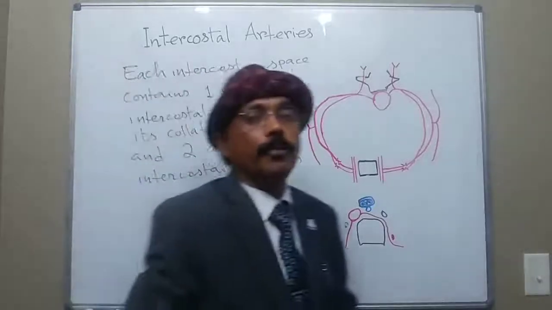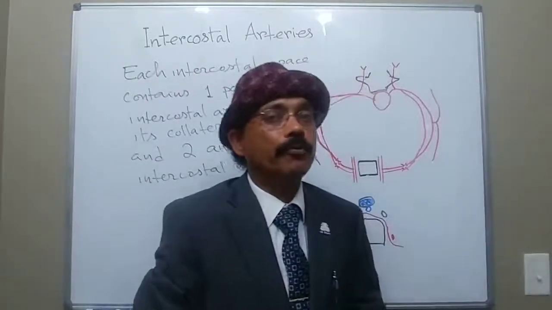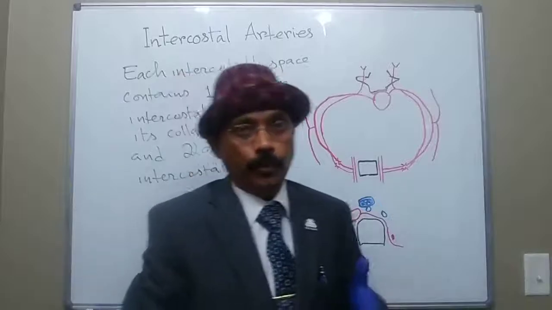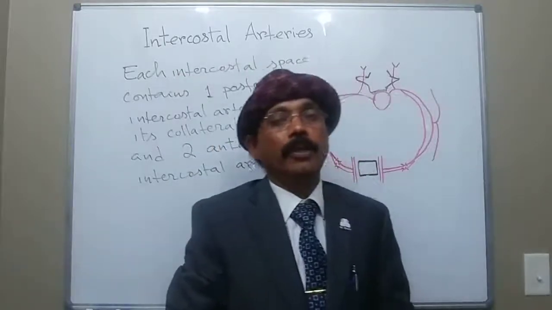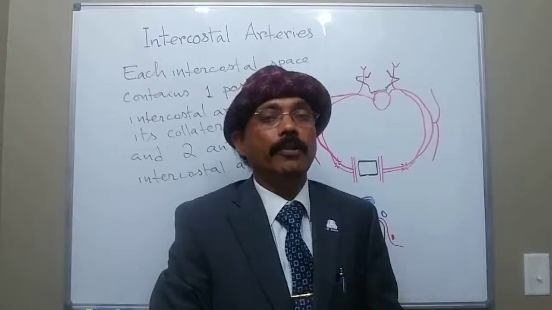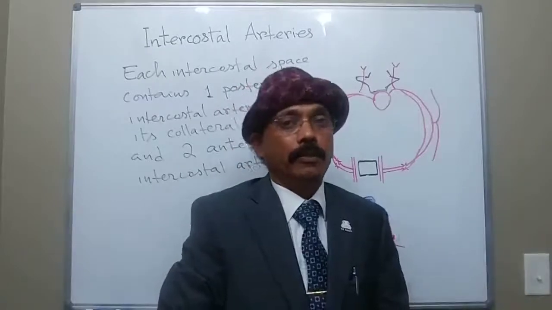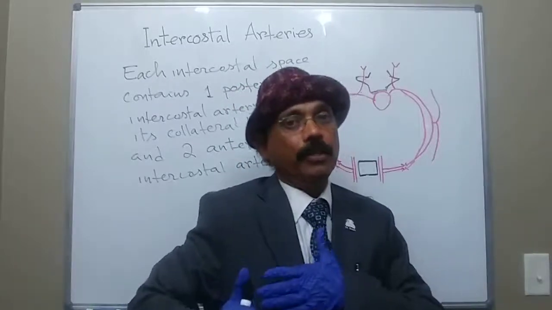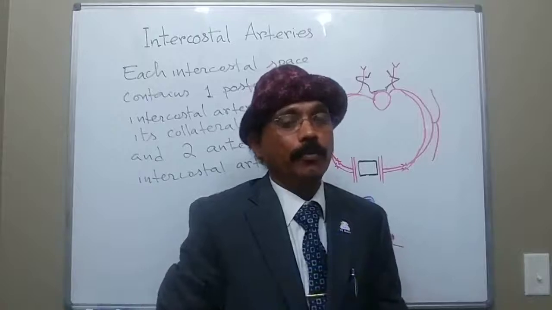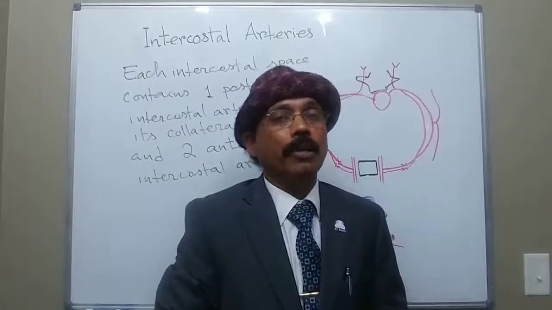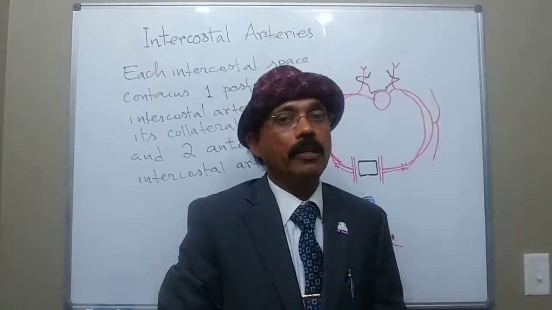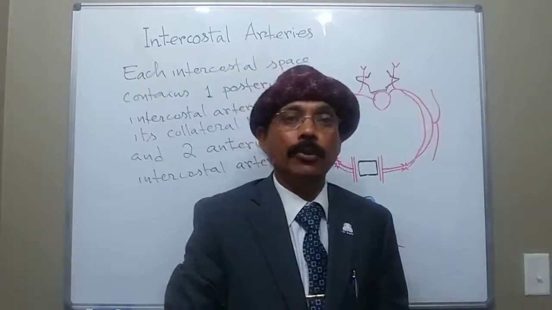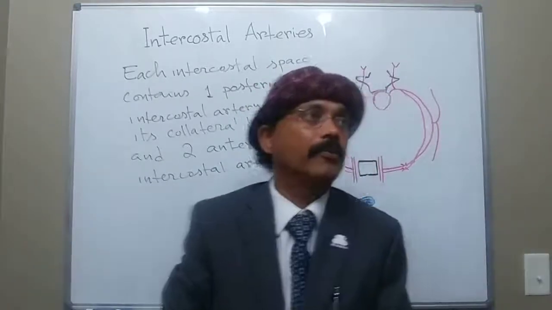So each intercostal space has one posterior intercostal artery with its collateral branch, and two anterior intercostal arteries are present anteriorly in the intercostal space. The posterior intercostal arteries are present posteriorly in the intercostal space along with their collateral branches.